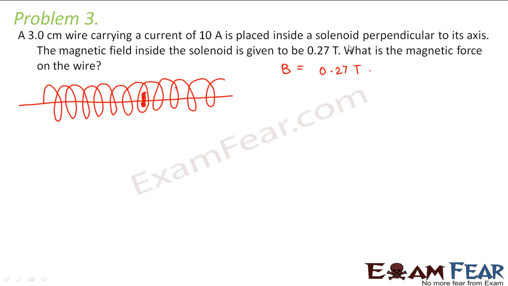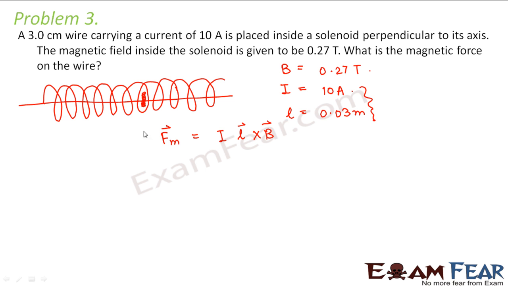So we have to calculate the magnetic force on the wire. The current flowing through the wire is 10 amperes and the length of the wire is 0.03 meters. So the magnetic force experienced by the wire would be I L cross B, where I is the current flowing through the wire, L is the length of the wire, and B is the magnetic field in which it is present.